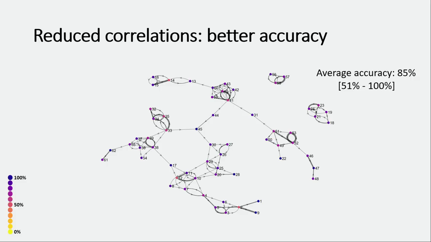And so the thing is now we see that there's way less misclassification, better accuracy. We see the average now from 60 is 85%. And each individual has a different accuracy between 51 and 100%. All right. So we reduce the issues of correlation and noise, and we increase the accuracy.